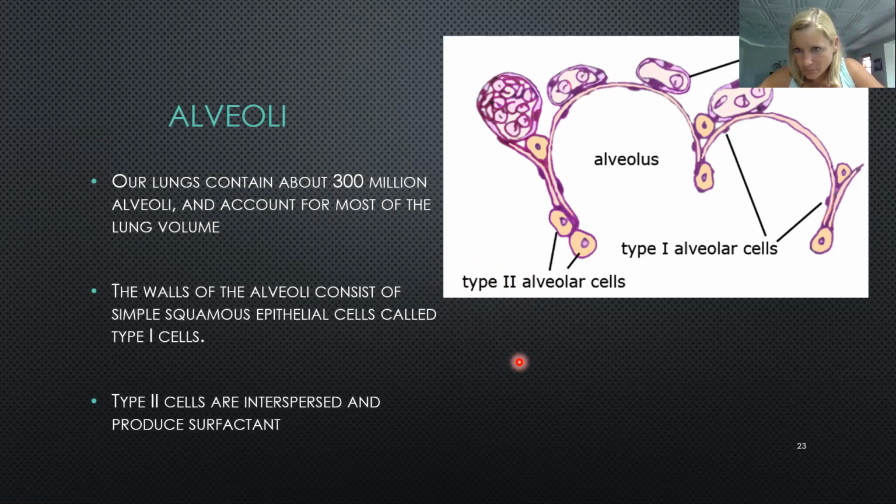When you first start blowing it up, it's really hard, but the larger the balloon gets, the easier it becomes to continue to blow up. The reason is that as the balloon gets larger, the surface tension decreases. That's the same mechanism of what surfactant does. Surfactant's job is to decrease that surface tension so that it's easy for the alveoli to stay inflated.